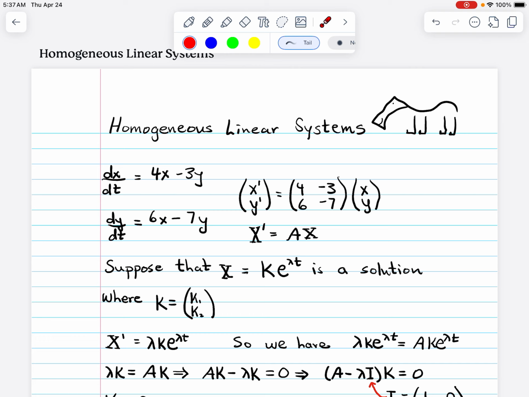We're going to assume that this is the general structure of the solution. It's got a vector in front, and then e to the lambda t. Now this K is a vector, and it's got these components, k1 and k2 in it.